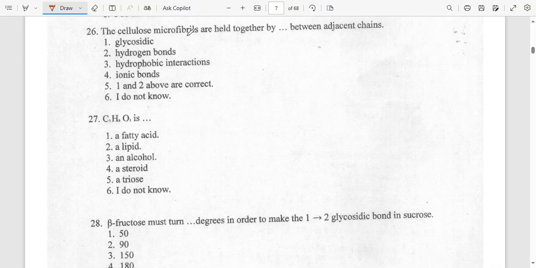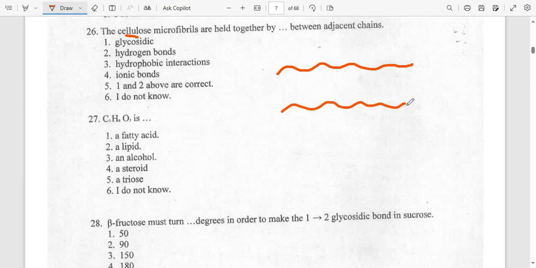The cellulose microfibrils are held together by dash between adjacent chains. Cellulose. Now in cellulose, we have beta 1,4 glycosidic bonds. So you have molecules. One molecule is like this. I don't want to draw the actual molecule, how it looks.